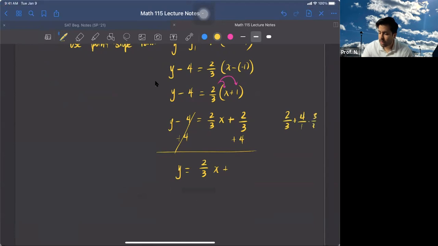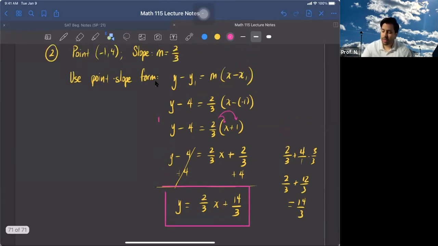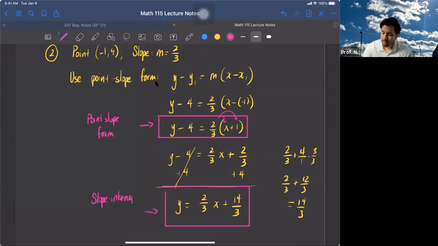Multiply by 3/3, and I get 2/3 plus 12/3, and that equals 14/3. So you're right, Emil. 14/3. And this is the line. Again, I could have finished here if I wanted just the point-slope form. And then this here is the slope-intercept form.